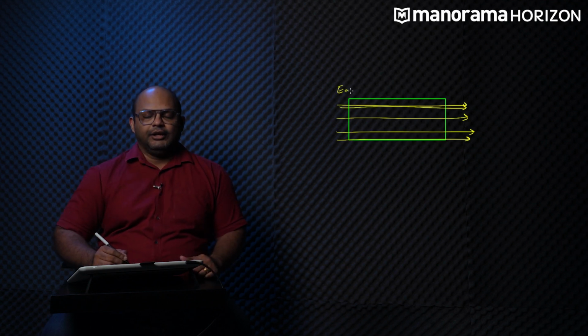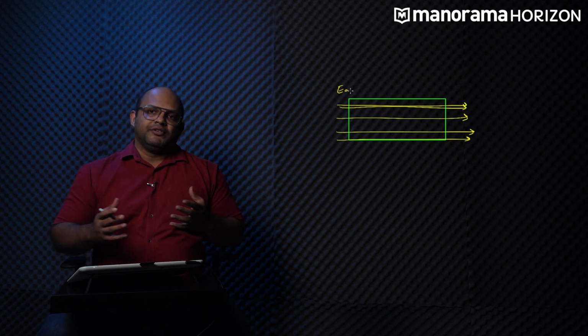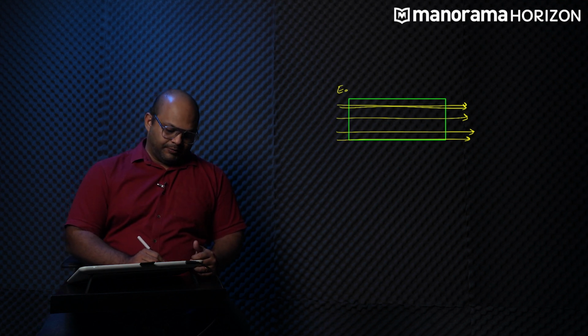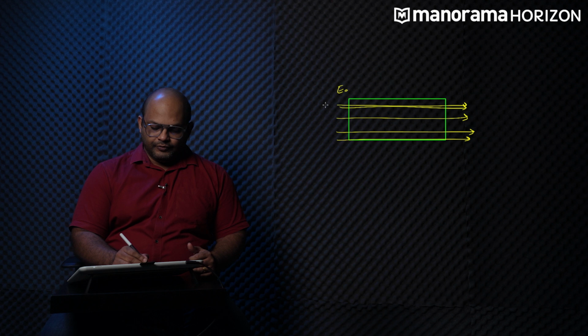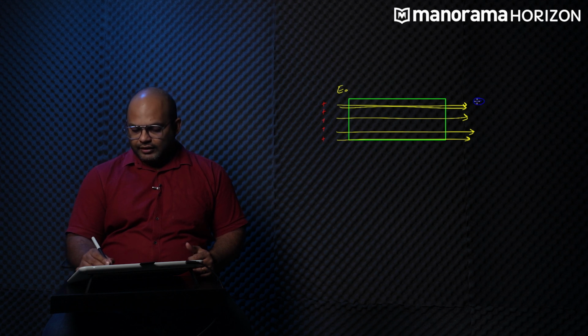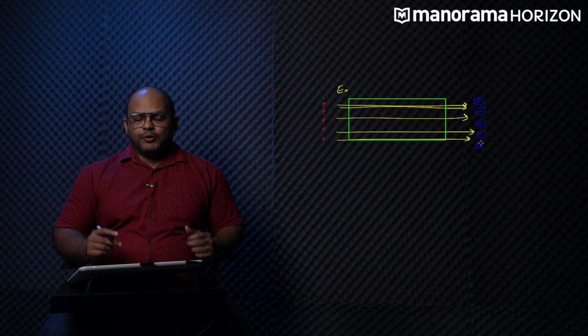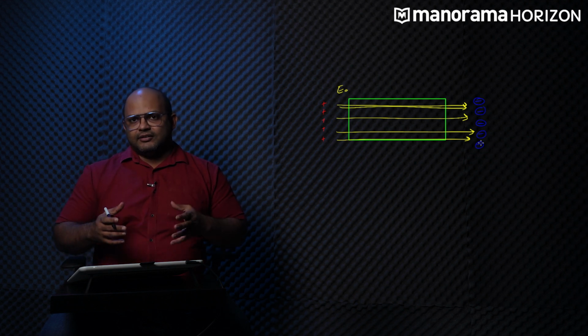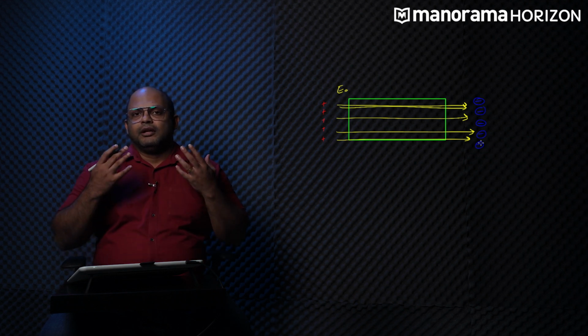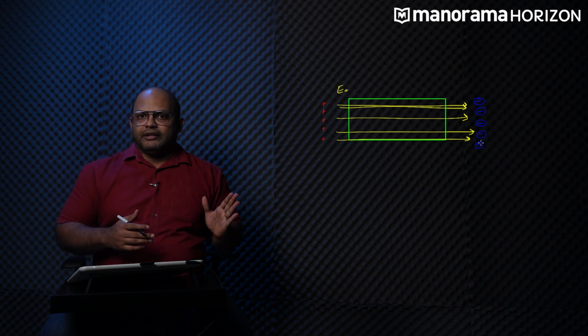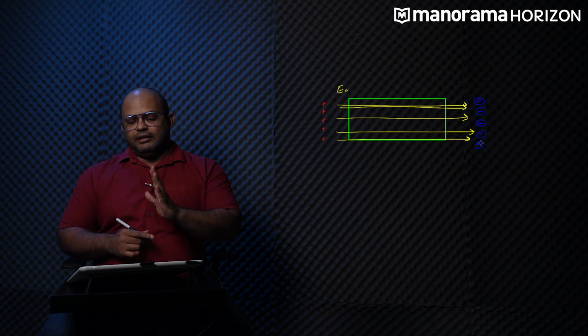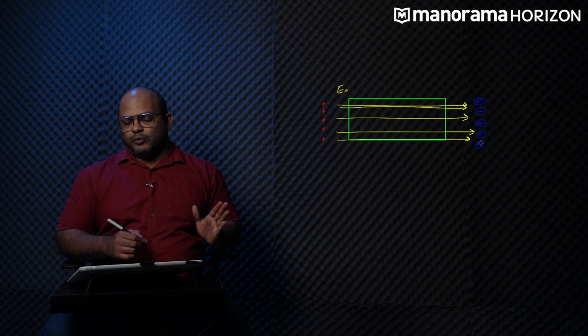Let's call it E0. And this field has a positive end. So here is our positive end. And this field has a negative end. So here is our negative end. Due to the presence of free electrons inside this conductor, what will happen? By sensing the positive end of the electrical field, the electrons will start drifting towards one side.